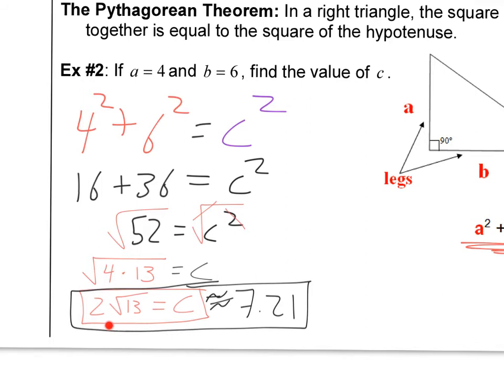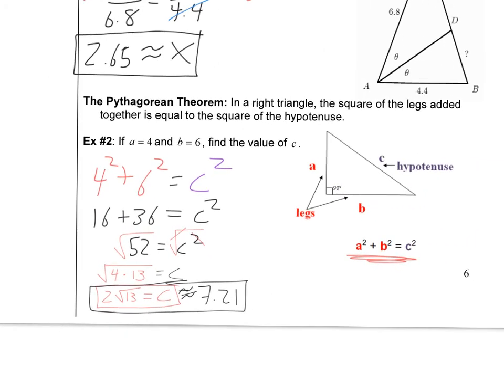So this answer here is actually exact because there's no rounding involved. This, however, is a rounded decimal answer, which sometimes they will ask for that, sometimes they will ask for this. It just depends. So we have found the length of c. It's about 7.21, or in exact terms, it's 2 times the square root of 13.